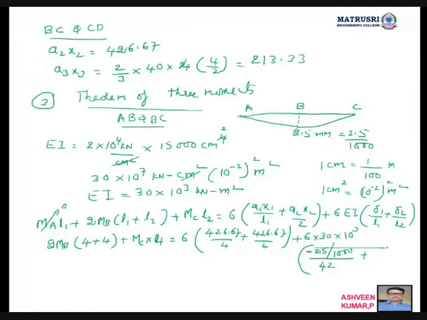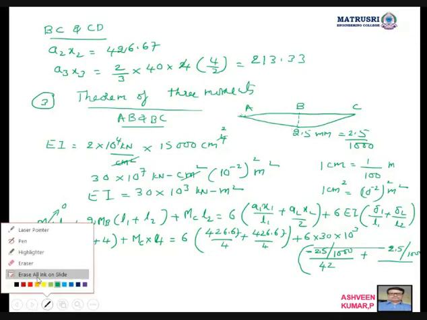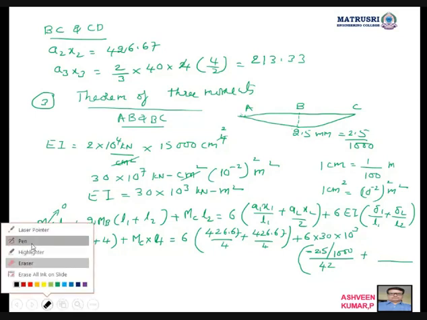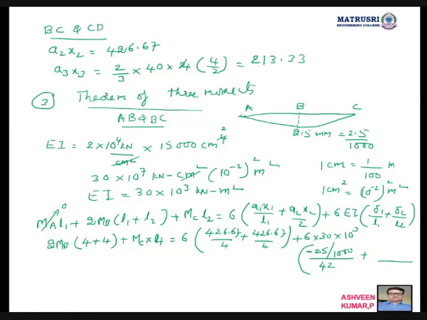So minus 2.5 divided by 1000 by 4 square.